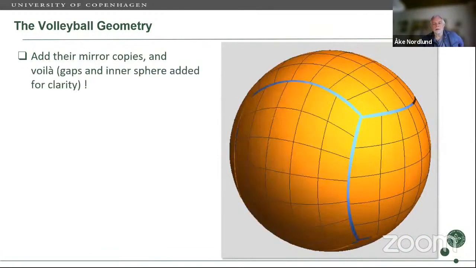And after adding all 6, you get a volleyball. Here, the gaps and an ionosphere, which is blue, has been added just for clarity to indicate where the seams are. The seams could be perhaps some problem, but let's first look at the scales here.